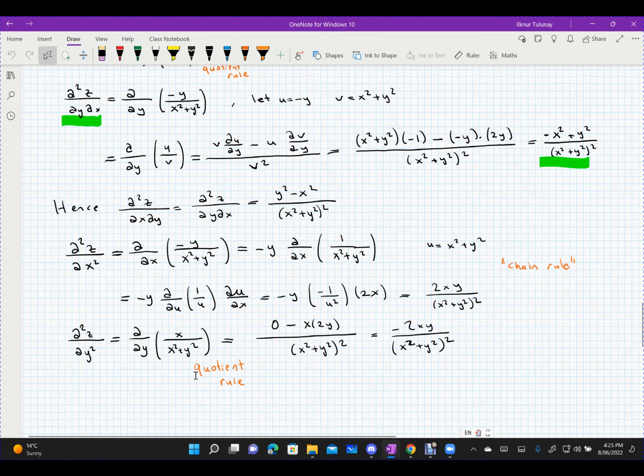If you think of it as a quotient rule, this times the derivative of this with respect to y is 0 times anything, we don't care, and minus x and the derivative of the denominator with respect to y, which is just 2y, and then divided by the whole denominator squared. So that is the quotient rule. So what we have is minus 2xy over x squared plus y squared, squared.